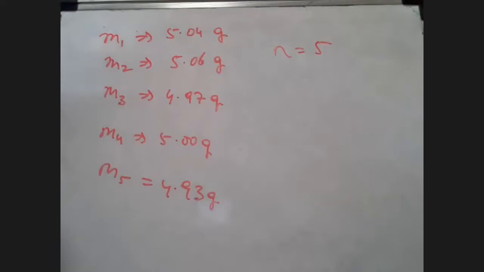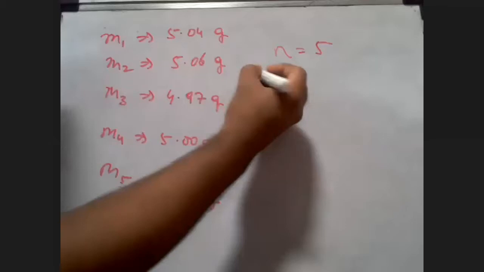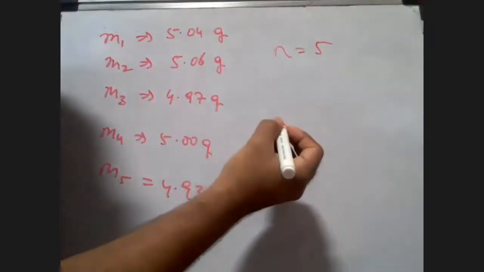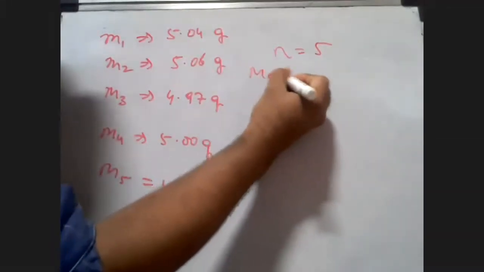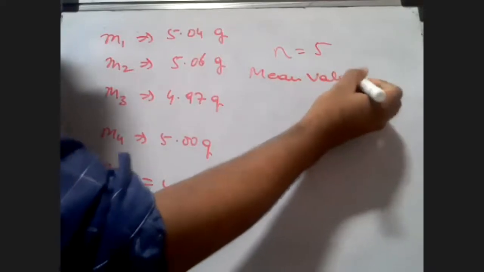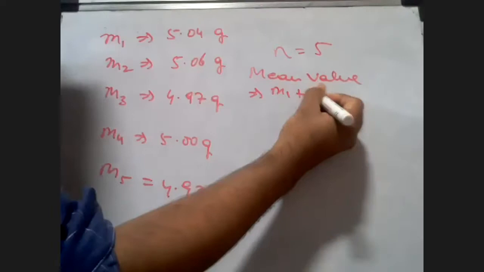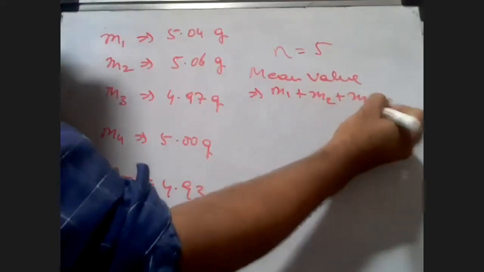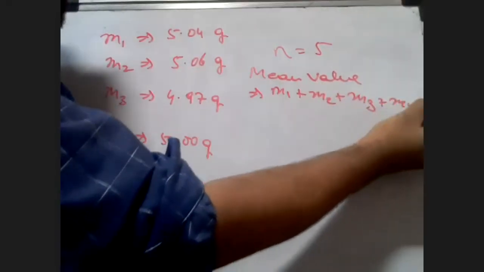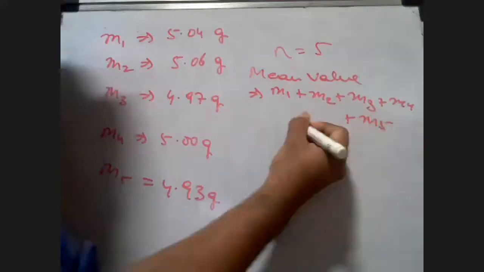Mean value, or the most probable value, is the addition of all these upon the number of times it has been measured. So mean value is going to be the addition of M1 plus M2 plus M3 plus M4 plus M5, a whole upon how much? 5.